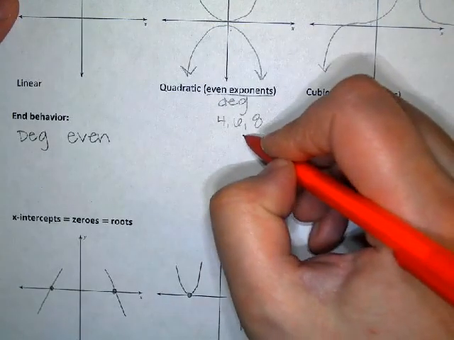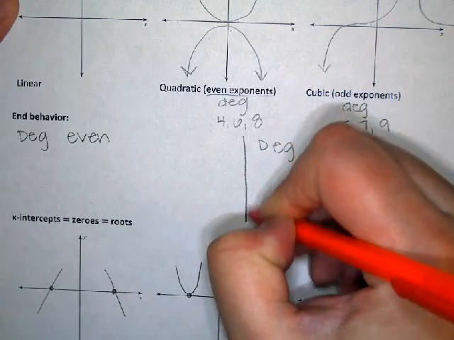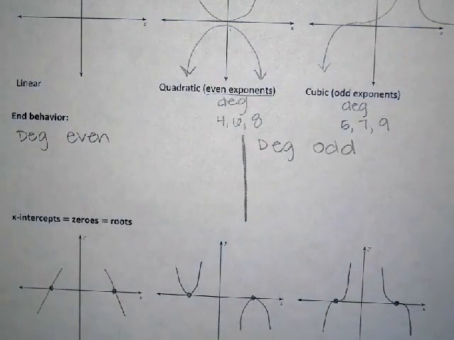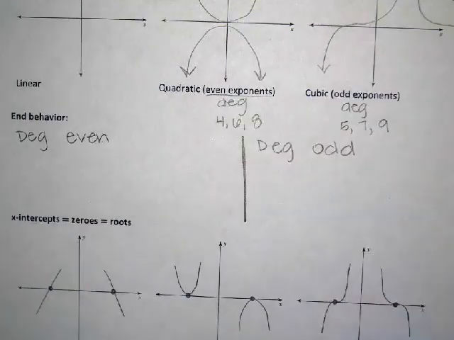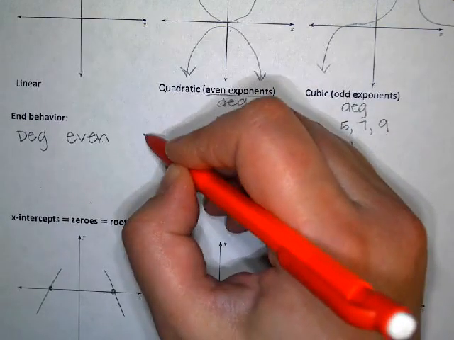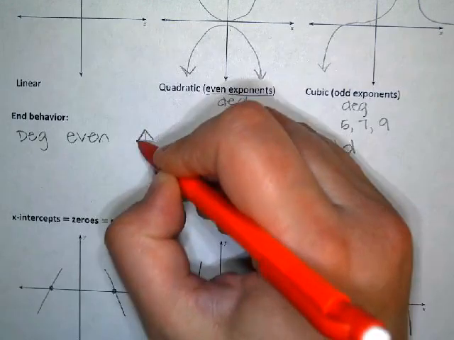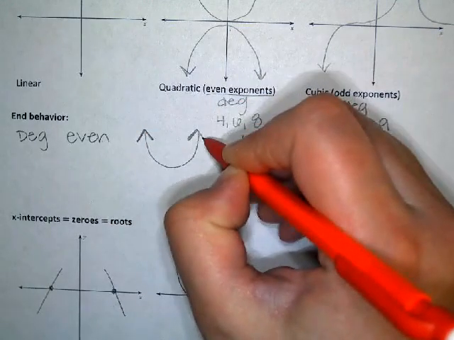So if the degree is even, then we have two situations. The graph could be positive overall. It's got no negative sign in the front. It's just y equals, and then you've got your equation. And if the degree is even, then overall you're going to have this kind of shape to the graph, and your end behavior is that both arrows go up.